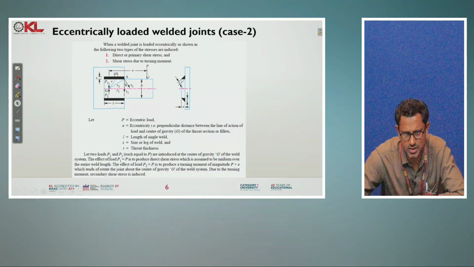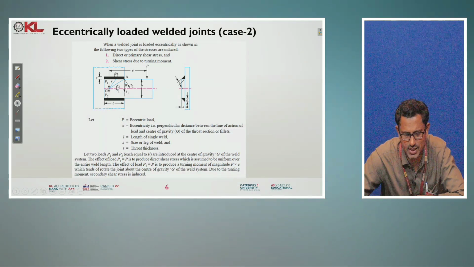Because of this P, I am taking two loads, P1 and P2, such that P1 is equal to P2 is equal to P. Because of P1 you get the direct primary shear stress, and because of P2 loading, you get shear stress due to turning moment.